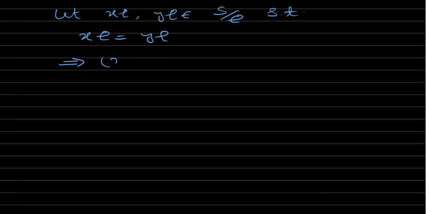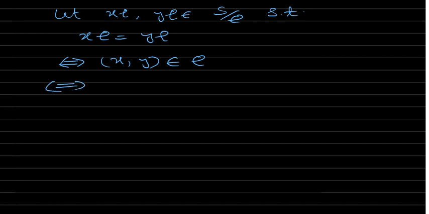So that means actually (x, y) belongs to rho, which is true if and only if they are rho related. What do we mean by rho related?